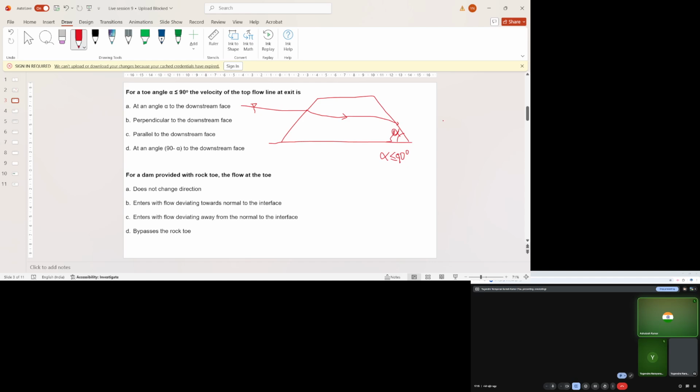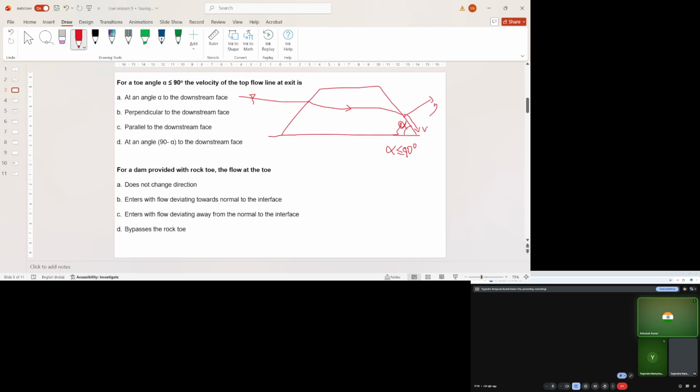So once it comes out, it just follows the slope of the downstream end. So this will be the directional velocity, and this is the normal vector, and this is the velocity vector. So what is the direction of velocity now?